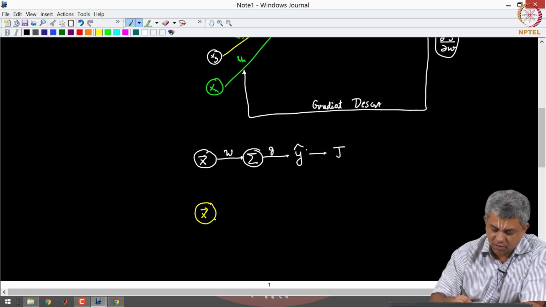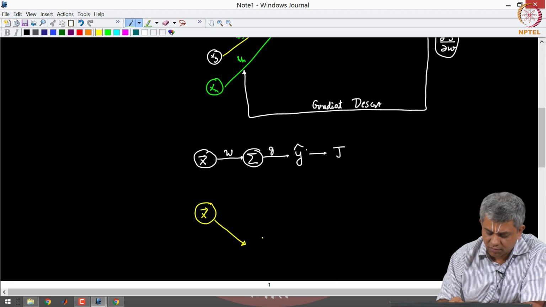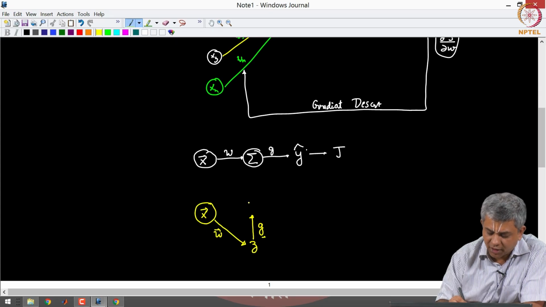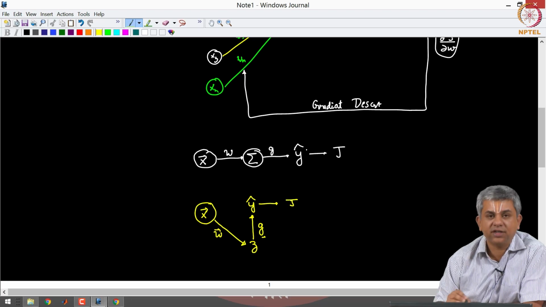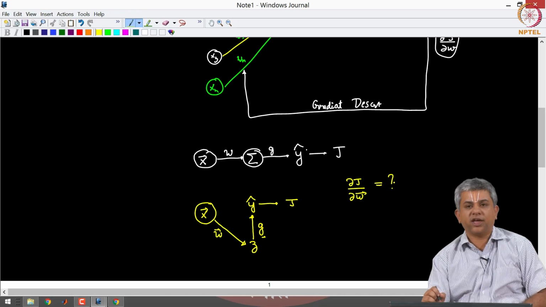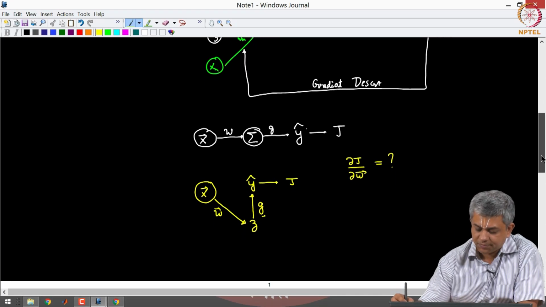Let us say x vector, I will show the sigma here, I run it through w, I get z. I run z through a non-linearity and I get y hat, from y hat I get j, and what I want is del j del w vector.